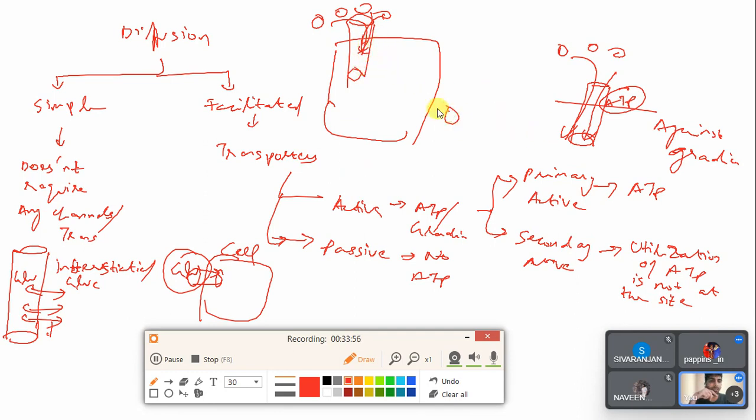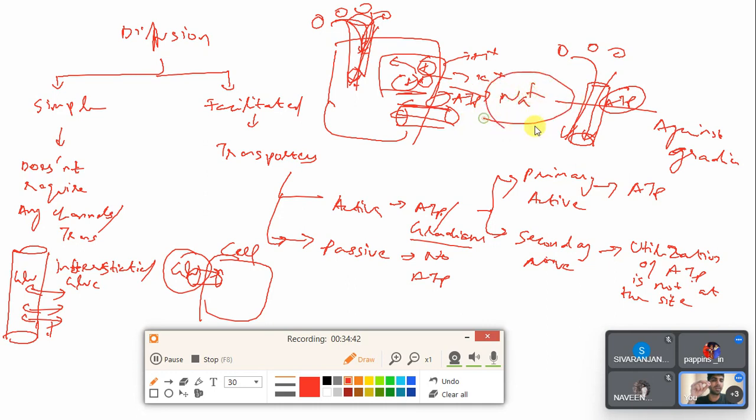For example, there is another channel transporting something, and ATP is utilized by that other transporter, causing a change in the gradient of some ions. This change in the ion gradient is used to transport this molecule. So as I mentioned, in active transport there is ATP utilization or gradient. In secondary active transport, the ATP utilization happens somewhere else, and that is why it's active. But the main force that moves the molecule inside or outside the cell is the change in the gradient. The gradient can be a proton gradient or any ion gradient change. That's how it happens.